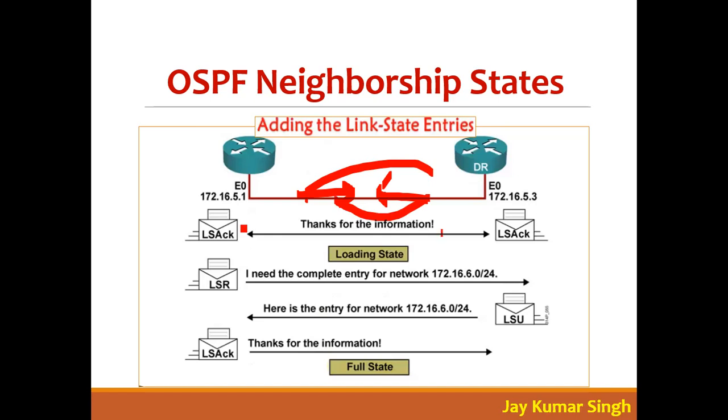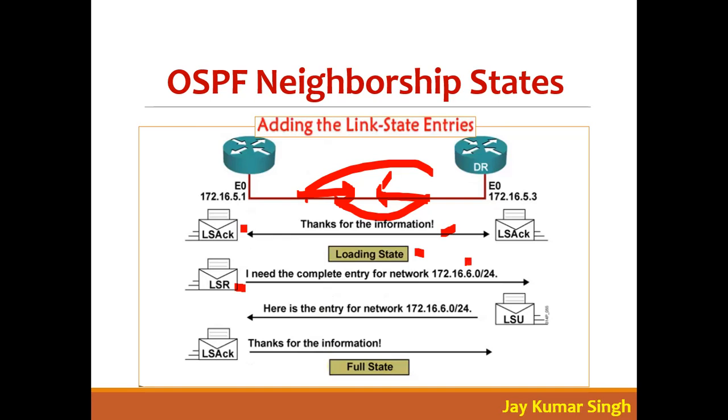Once the acknowledgement is successful, then they will go for the loading state. In the loading state, while loading the database, the slave router will send an LSR, meaning link state request: can you please send me the complete entry of this network if any network is missing.